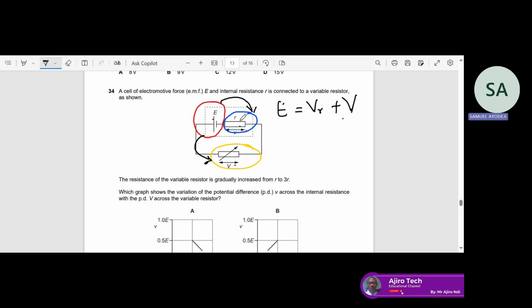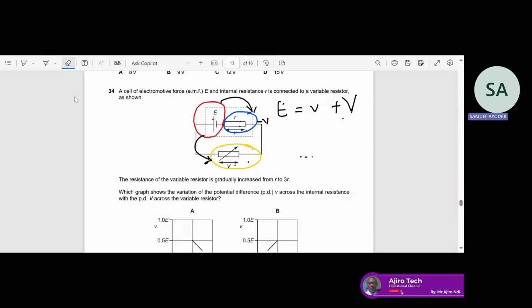The PD across the internal resistance is small letter v, and this one is capital V. That's going to happen. Now, if you are increasing the resistance here, the PD of this one will increase. Let's look at it this way. Let's assume that E is.